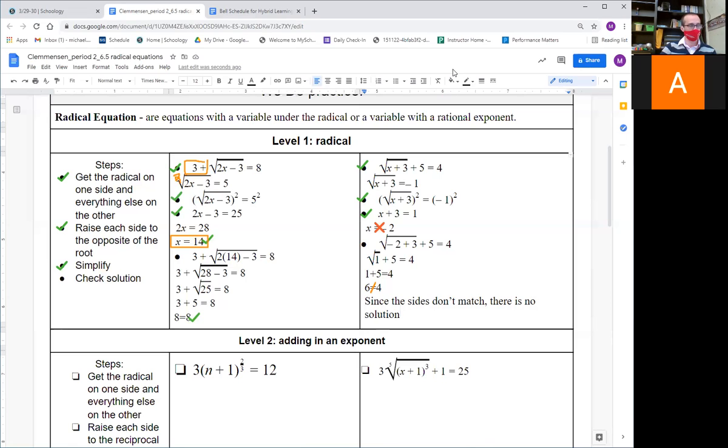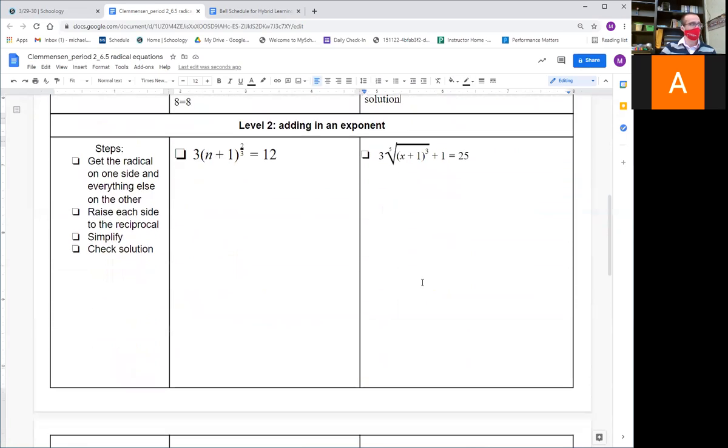Let's move on to level 2 then. See any questions coming in? We'll only wait so long.